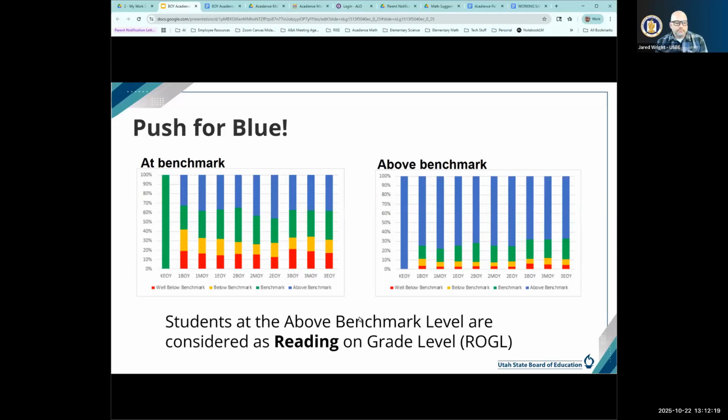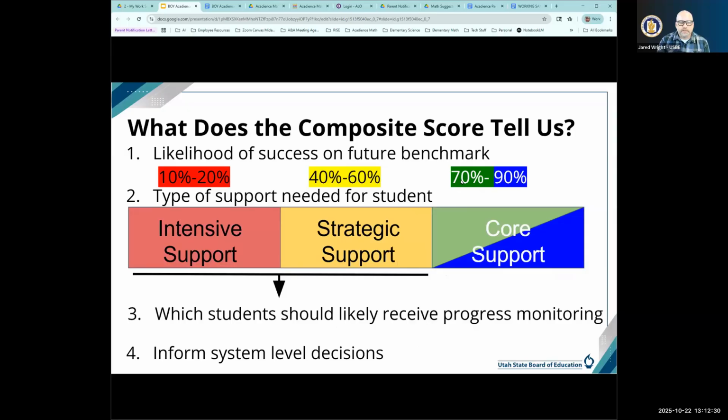As we look at the composite score, let me go back. At benchmark, students' likelihood of success is between 70% and 90%, and above benchmark is 90%.